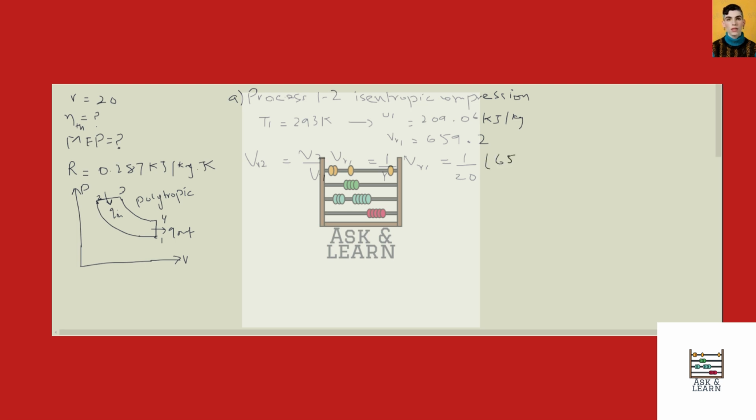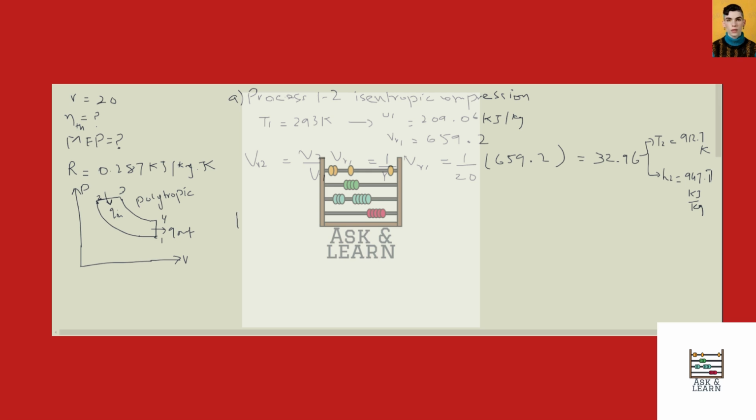So 659.2 over 20 gives 32.69, and at this state, T2 is equal to 912.7 Kelvin and H2 is equal to 947.17 kilojoule per kg.